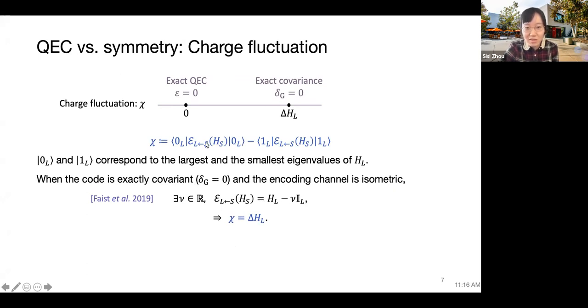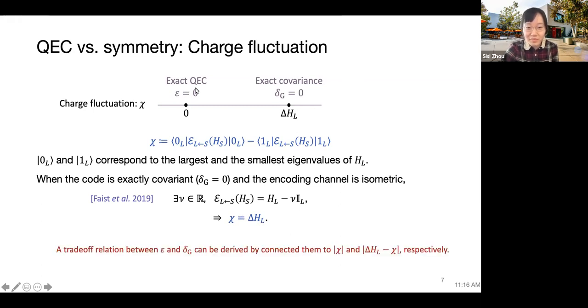Then the difference between these two is exactly equal to delta HL, which represents the difference between the largest and smallest eigenvalue of HL. So this indicates that we can derive some trade-off relation between epsilon and delta global, by connecting each of these quantities to the absolute value of chi and the distance between delta HL and chi.